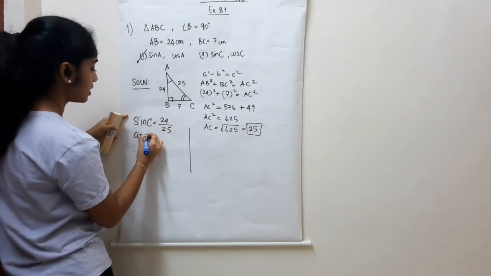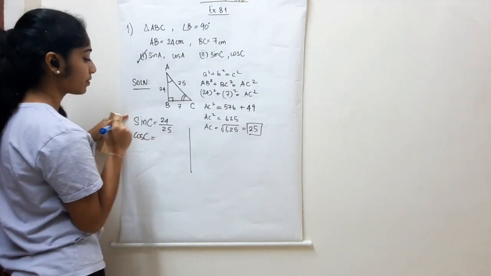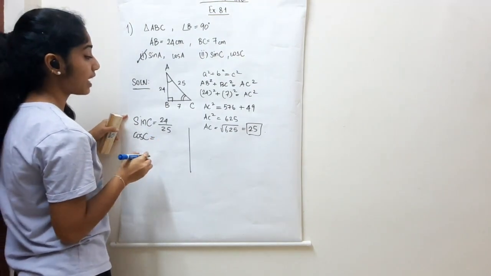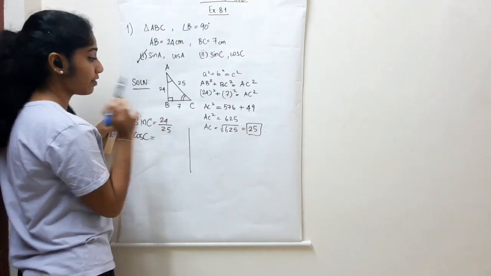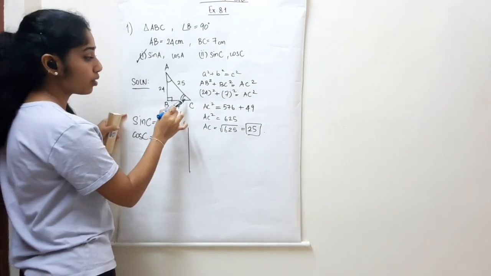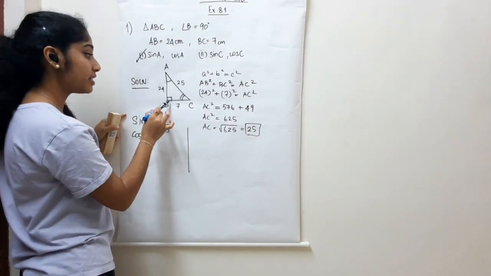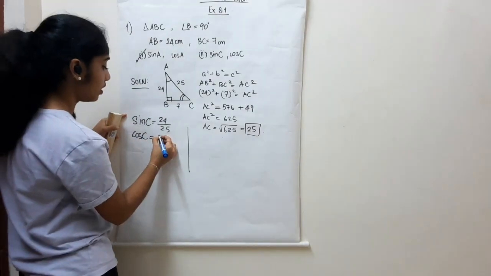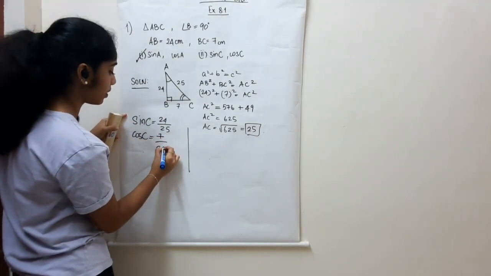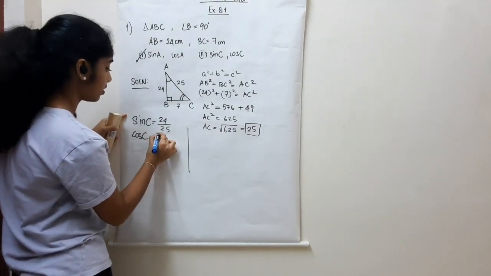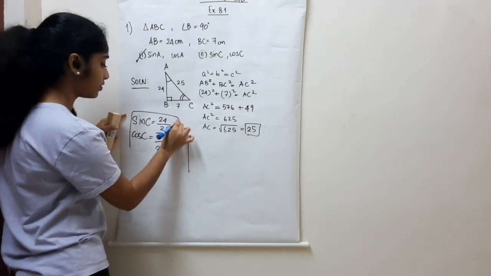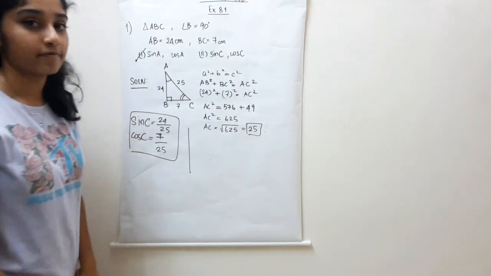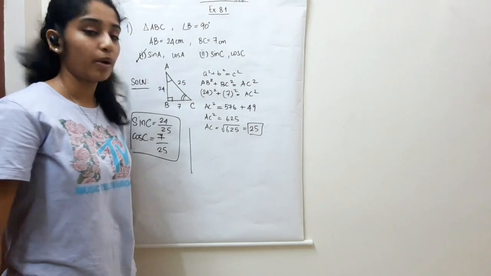Now cos C is adjacent by hypotenuse. Now the adjacent side is BC, which is 7, because both the angle C and 90 degrees lie on it. So it will be 7 by 25. So that's your answer for the second subdivision. That's your first problem.